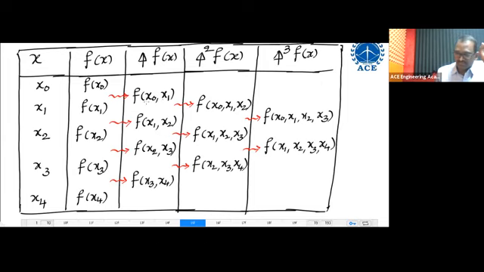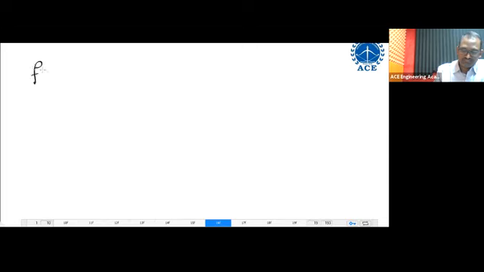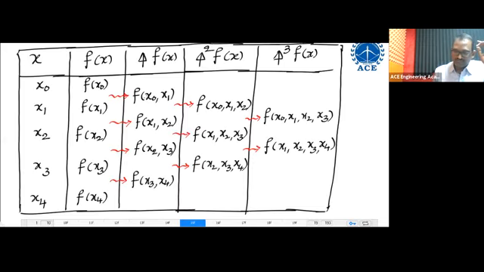First, let us find f of x0 comma x1. Look here. This is f of x0 comma x1. This value lies between these two.